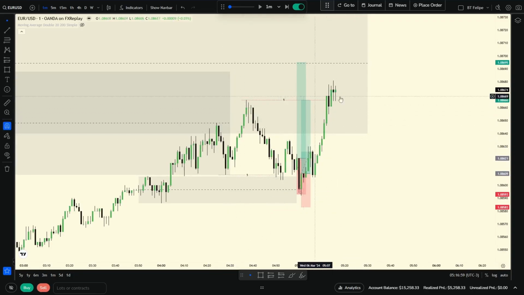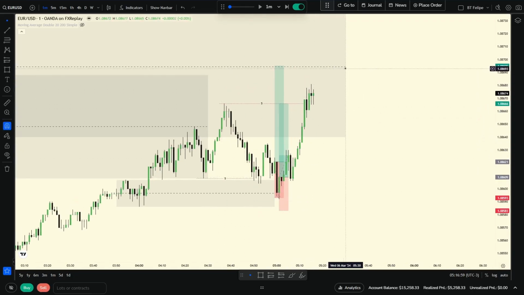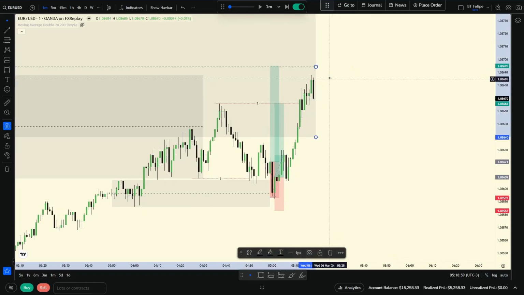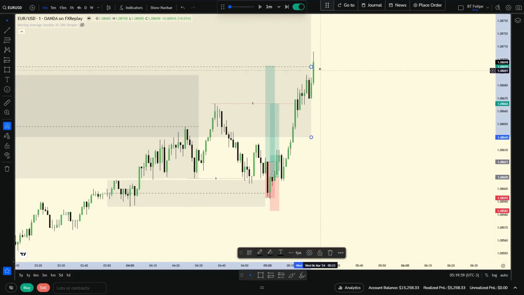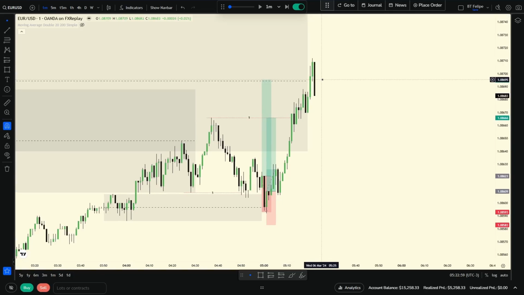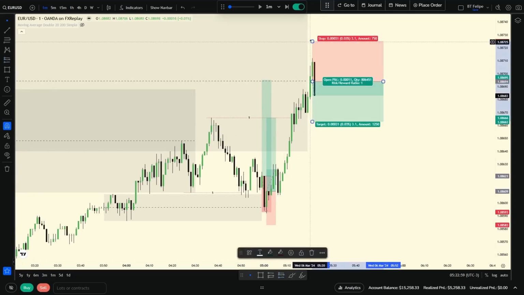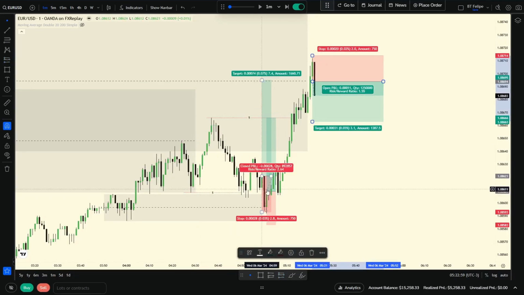Okay, so inverse manipulation, but it's not tapping anything important. Okay, right now. Okay, gave the candle. Inverse manipulation, gave a strong candle down.